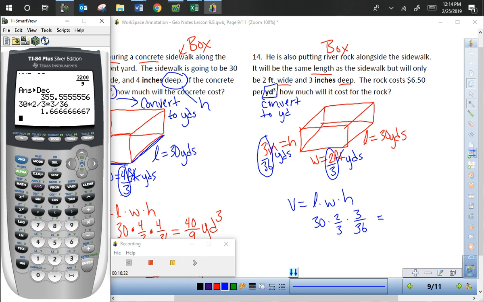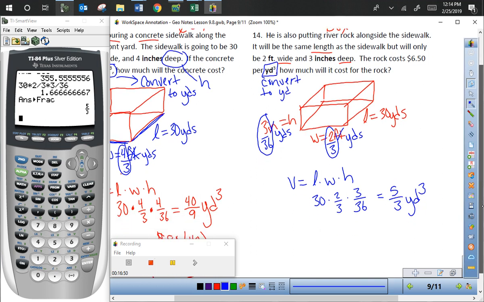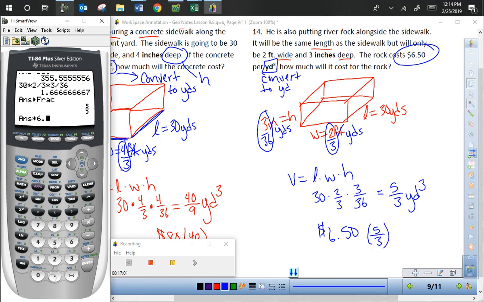Again, you can write the repeating decimal or the fraction, and it's yards cubed. Now that we have that, we can find the cost. It's $6.50 for each of those, so $6.50 times that 5/3, or the 1.6 repeating, to get $10.83.